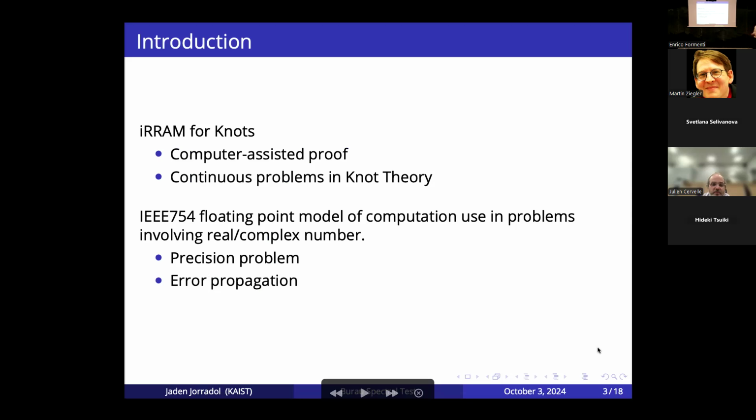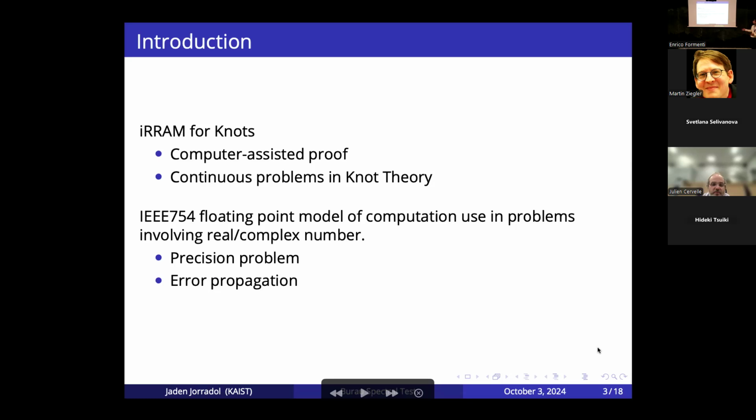In this case, computer-assisted proof comes in very helpful in proving some theorems and also finding some complicated knots in knot theory.